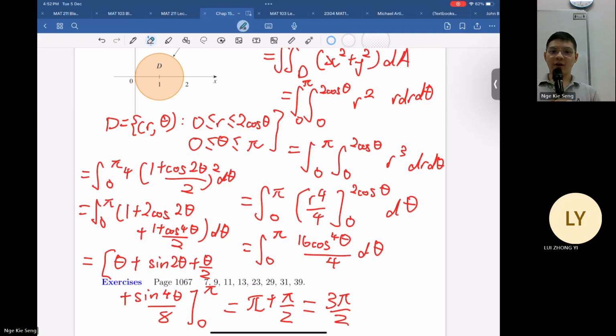Of course, you could imagine you fix your r first and then you change your theta as well. But just remember that when you integrate over polar coordinates, you need to multiply by a radius factor. Any question about this?